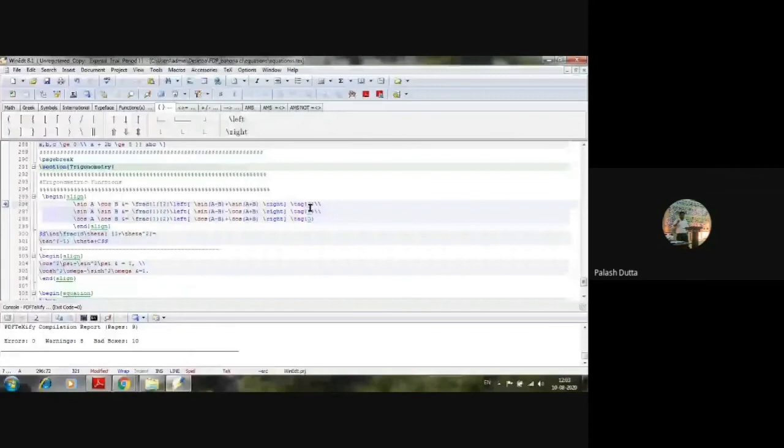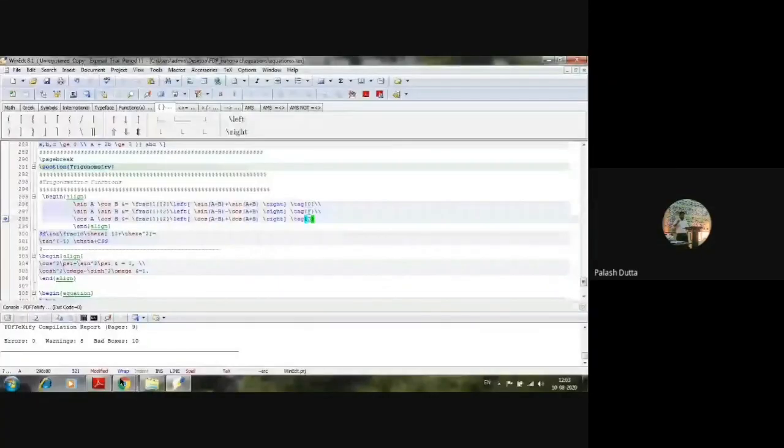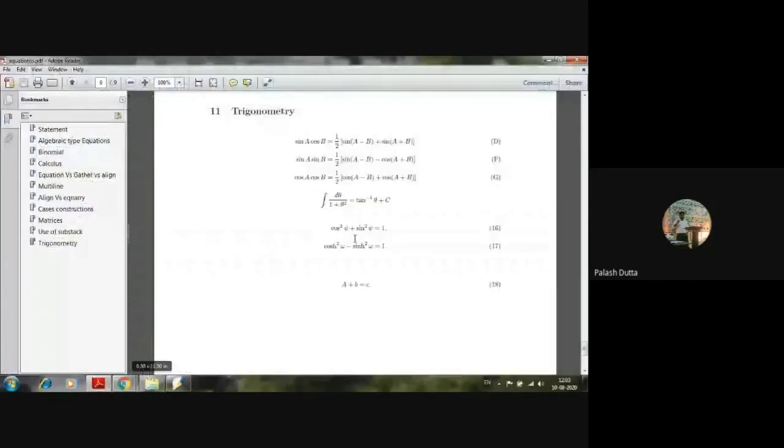In this way we can write this expression, and we are asking for a tag, so in the tag I wrote DFG. That's why we are getting this expression, and these expressions can be written easily.